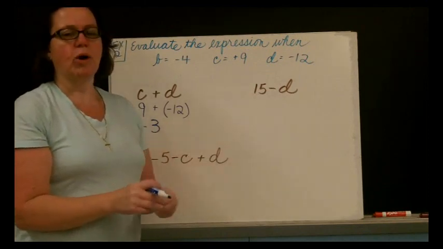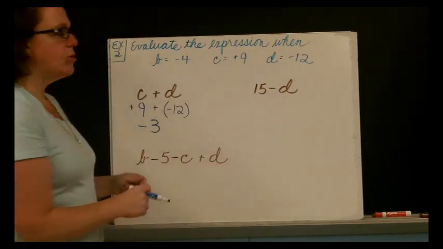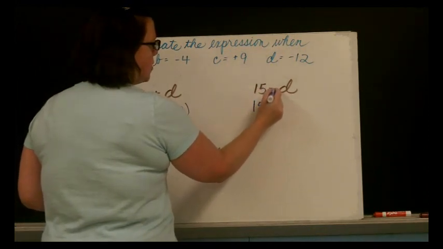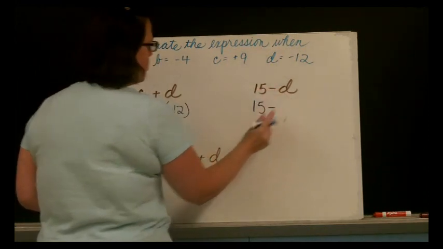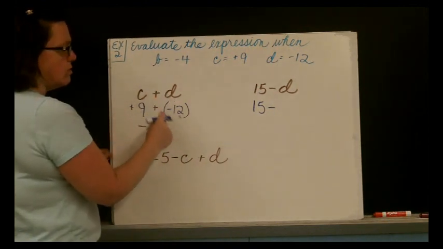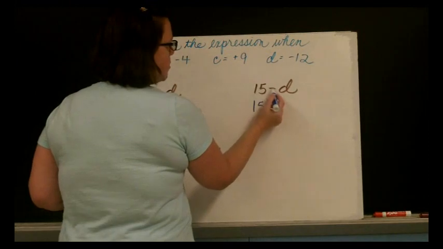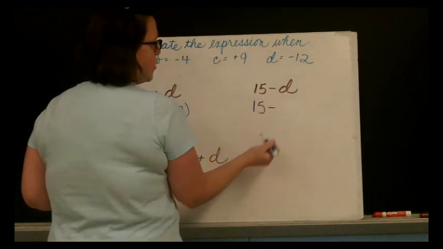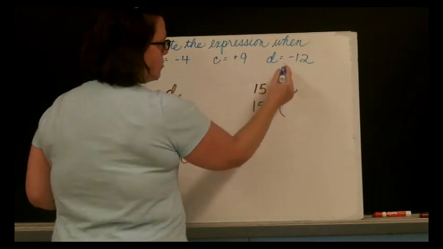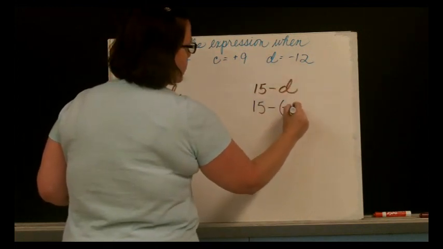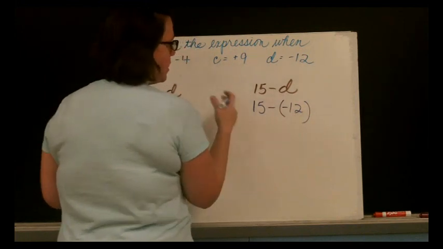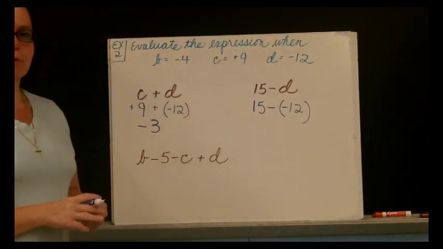After you copy this problem, we're going to substitute in the value of d. So this 15 will stay the same, and so will this operational symbol. Just like over here, this plus sign was brought right down, this positive symbol. So we're going to bring down this minus sign too. And now we're going to substitute the d. And oftentimes when your integer is negative, we put that inside parentheses to make sure that we are keeping the sign separate.